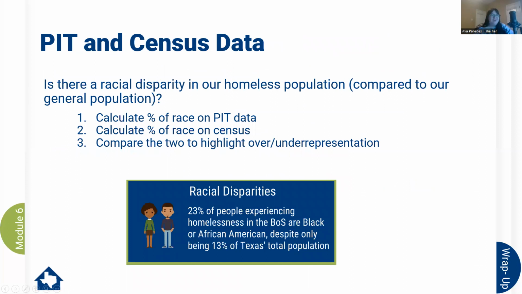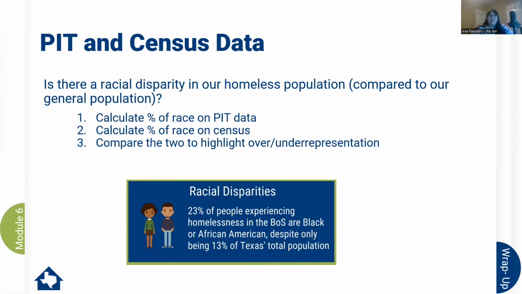All right, so now for the most complex analysis that I'm going to go through in this presentation today, which is comparing two separate data sets. So on this slide, we are talking about census in comparison to the PIT data, because both of these data sets attempt to count the entire population.